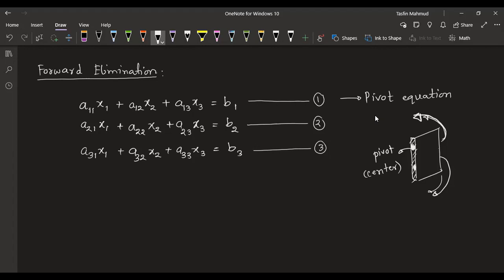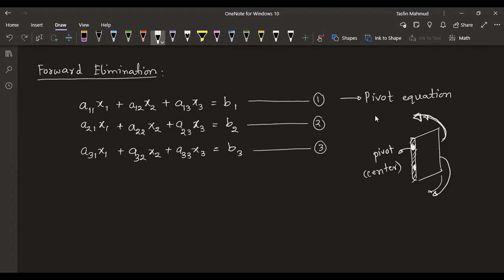We call the first equation the pivot equation because it will remain fixed, and it would be the center.